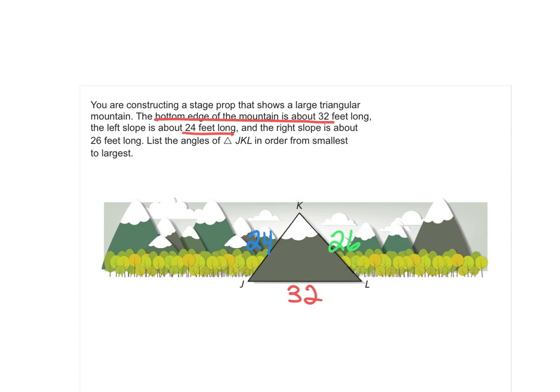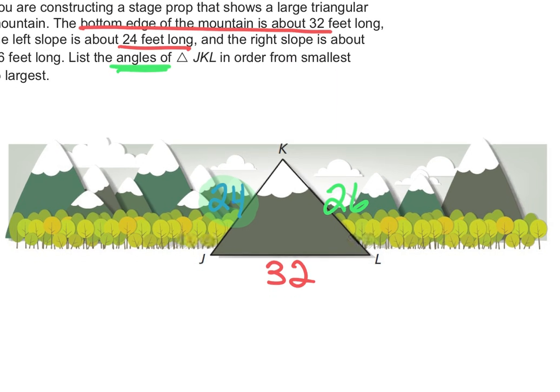And it asks us to list the angles in order least to greatest. So if we're thinking opposite angles and sides, 24 and angle L are opposite of each other. 24 is the shortest, which means angle L is going to be the smallest.